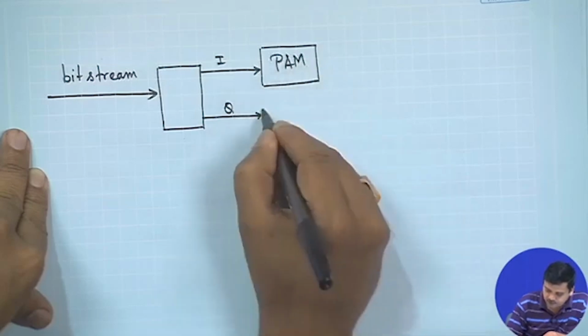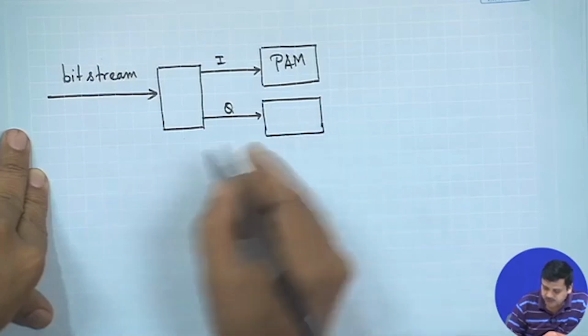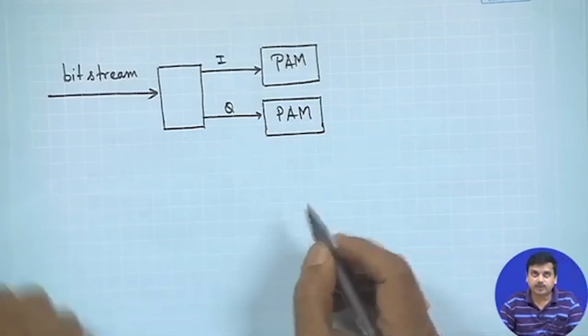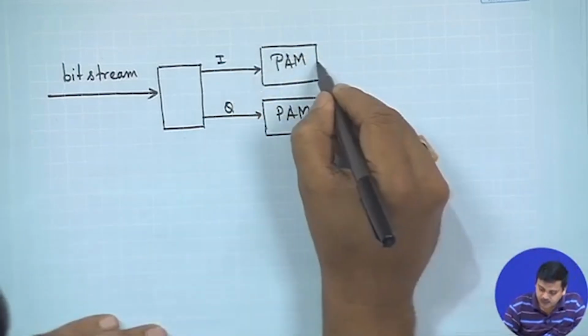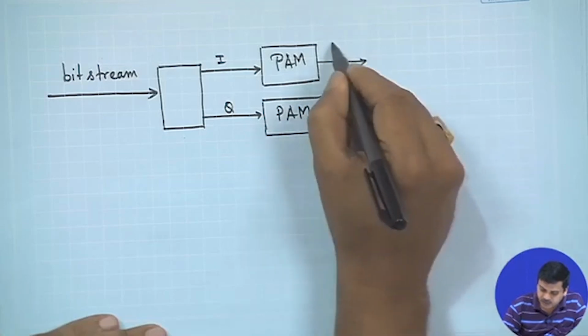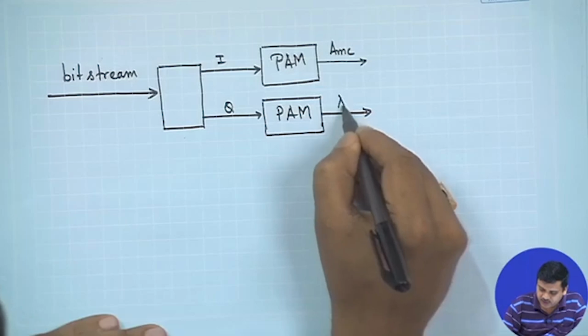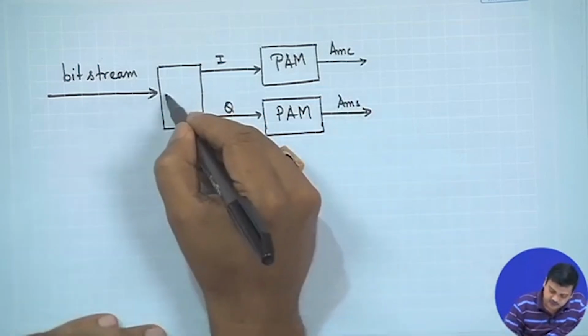There is the logical flow diagram. Your diagram could be drawn different depending upon the implementation. If you are thinking in terms of hardware implementation, you could use the same table and iterate through them. So, what you are going to get there is AMC, and out of this AMS, right. So, this is split.